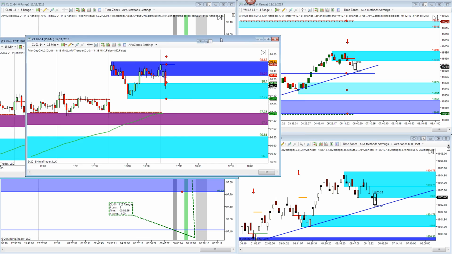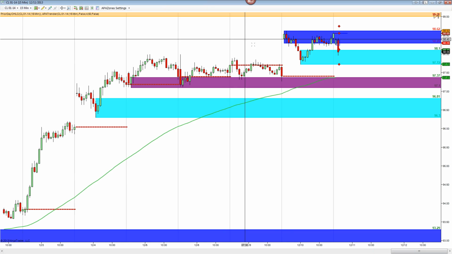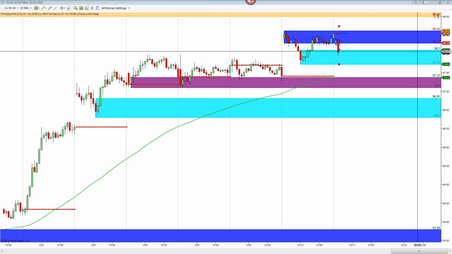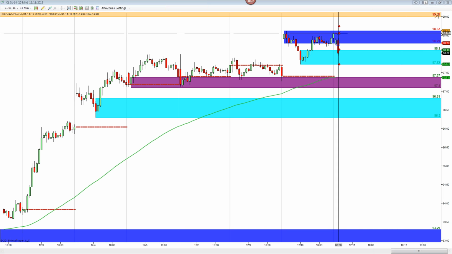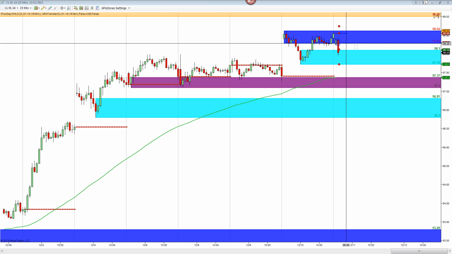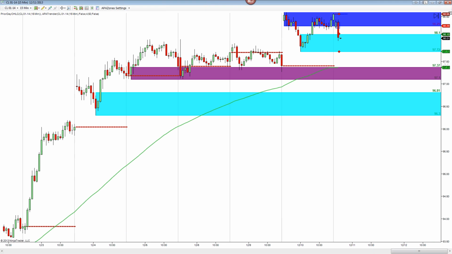If we look at the 15-minute candles here on CL, you can kind of see what I'm looking at here, as far as we were inside the big zone.